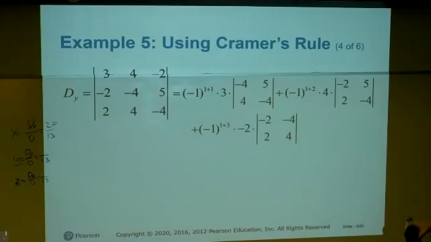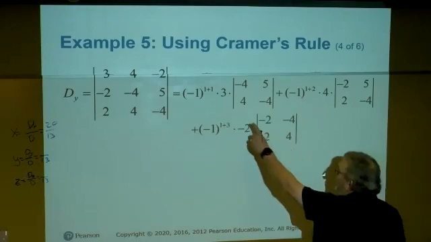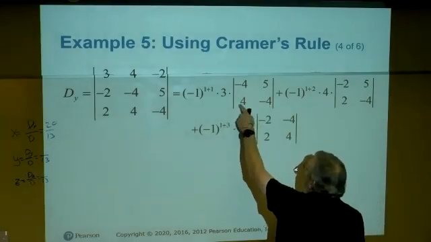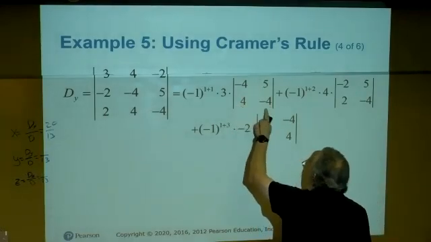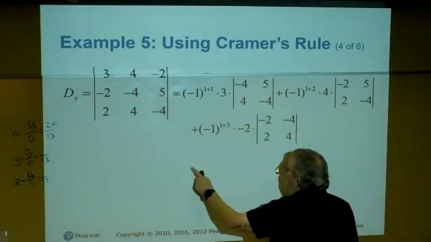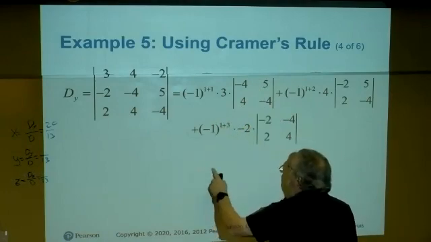So I get another -4, 3 times a -4. Because that gives me 16, and that gives me 20, and 16 minus 20 is a -4. So that'll be -3 times a -4.